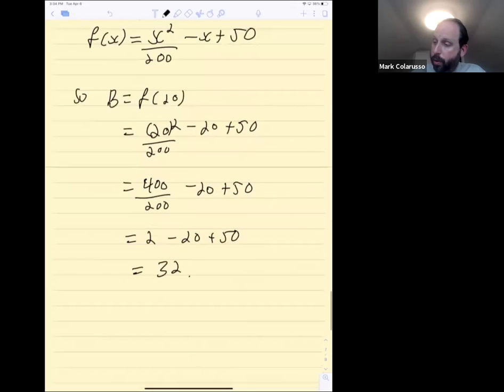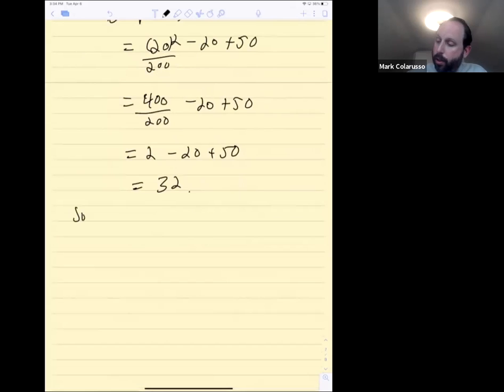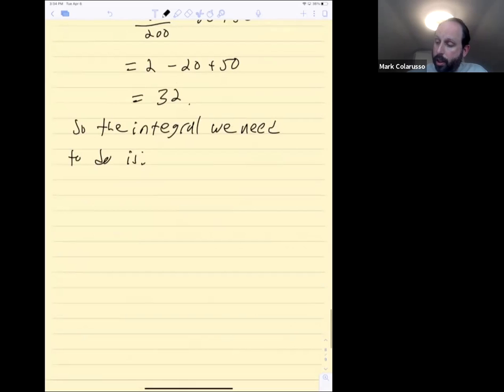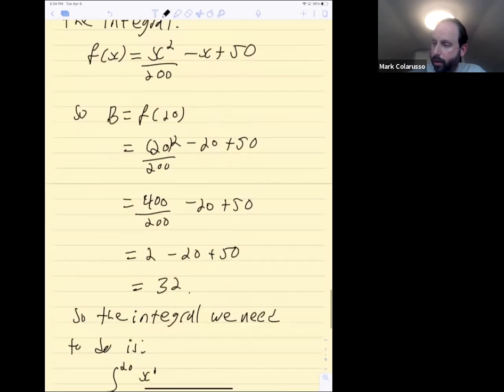Okay, so the integral we need to do is then the integral from 0 to 20. The f of x is, I'll just write it in here now, it's above, there it is.